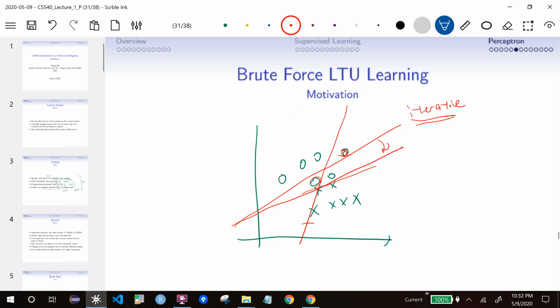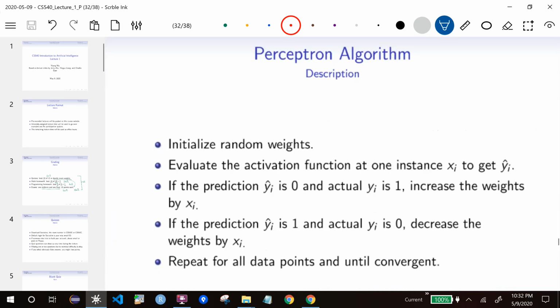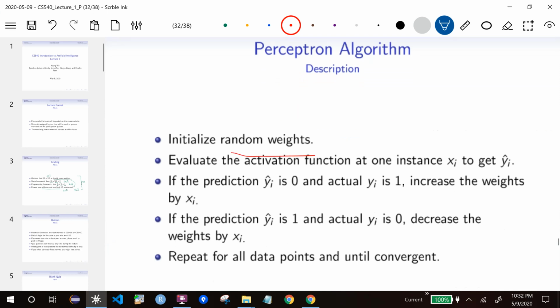So that's the basic idea for the perceptron algorithm. It's an iterative algorithm. We start with something random and we move every time. The goal of each move is to make it better. So to actually talk about the algorithm, it's random weights, and then we use the activation function.